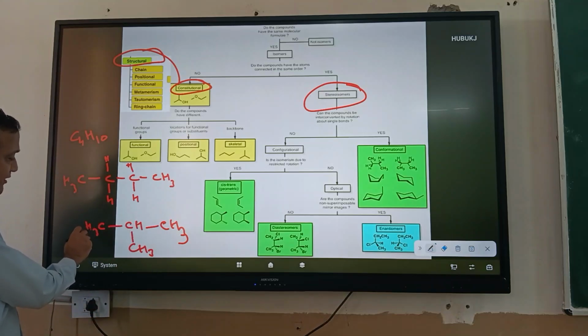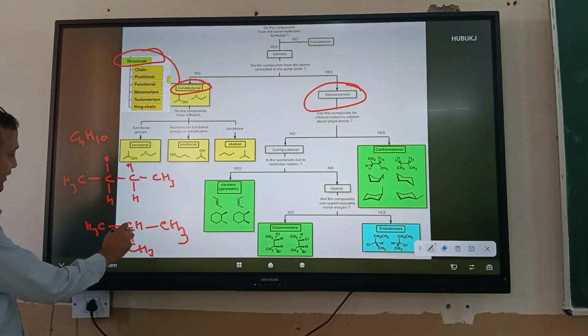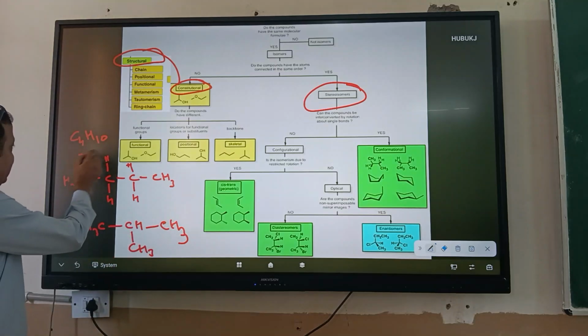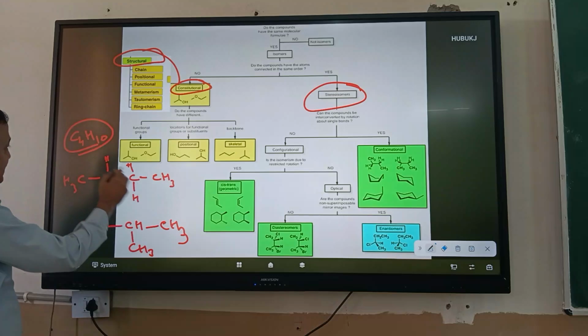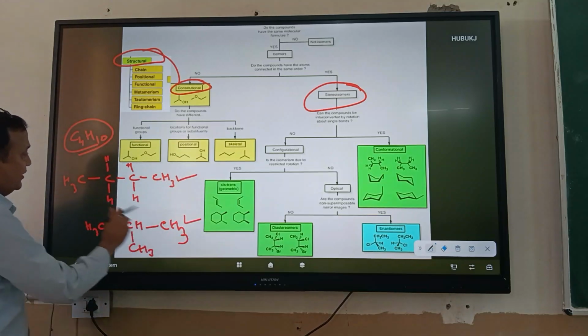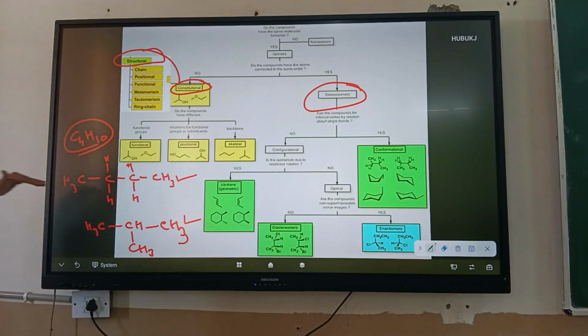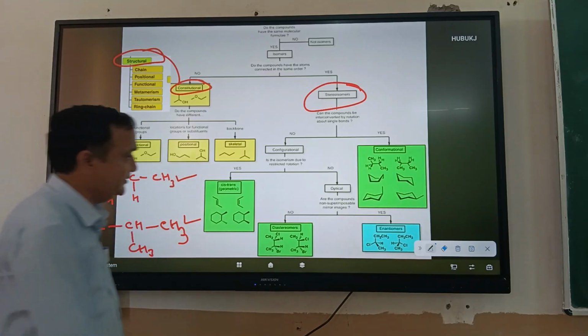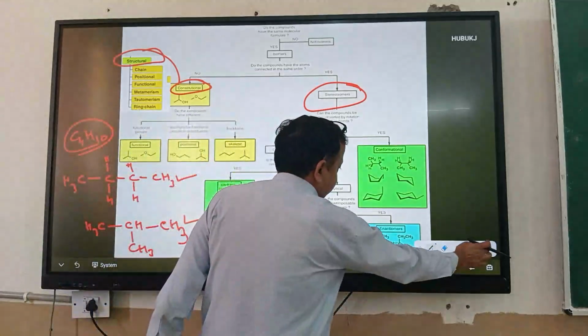How many hydrogens? 3, 3, 3, 9 and 10. So in both cases, the molecular formula is the same, but they have different structures. One structure is linear, the other is branched. Such isomers are known as chain isomers.